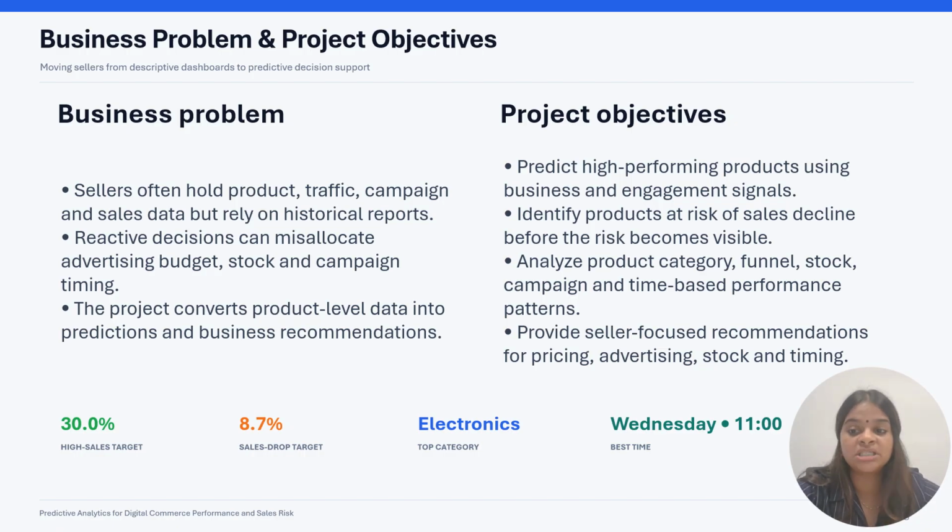The objectives of this project were to predict high-performing products, identify products at risk of sales drop, analyze important business drivers, explore time-based and campaign-based patterns, and provide practical recommendations for the sellers.